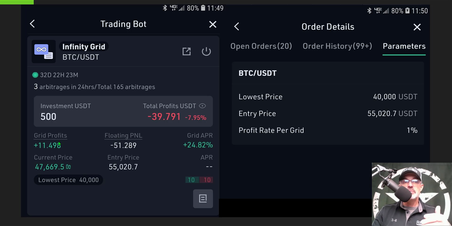And when you add in my grid profits, which are actually realized because the bot does buy and sell and captures this profit, we subtract my profit from my floating P&L. And right now, if I was to shut this bot down, my total result would actually be a loss of about $40 or 8%.